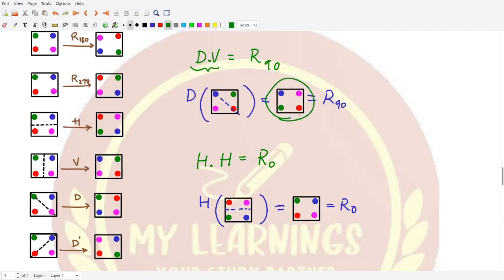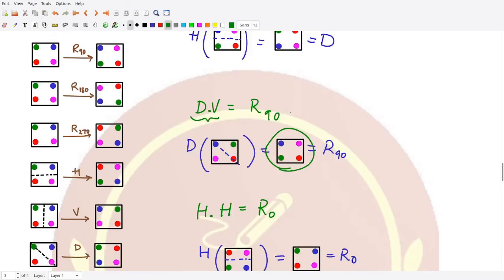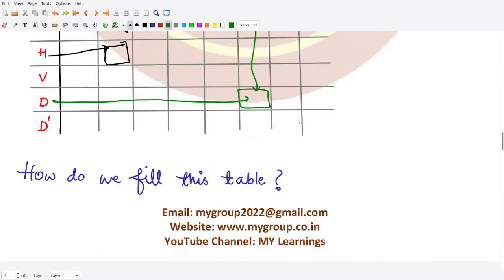If you match this, it is the same as the square which you obtain after applying the operation of R90. You have a blue here, a pink here, red here, and green here, and the same thing happens here. So this is R90, and you can write the final answer here as R90.